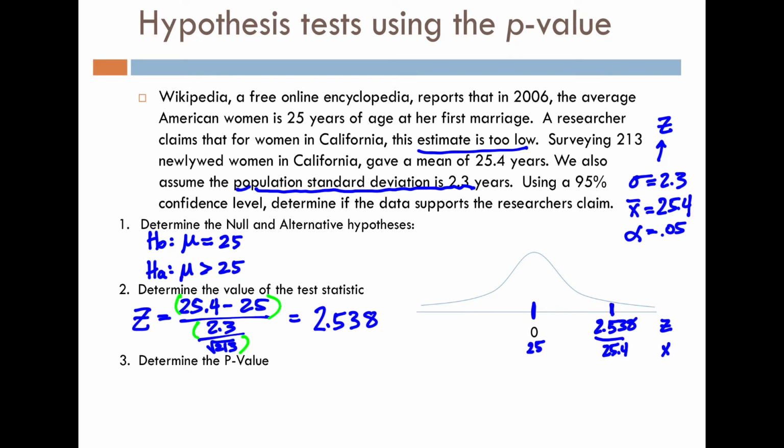And we see that it is pretty far to the right. In this case, this is a right-tailed test because of my alternative hypothesis being greater than. And so the p-value is simply just going to be the area in that one tail. And so we'll use normal CDF to find that.